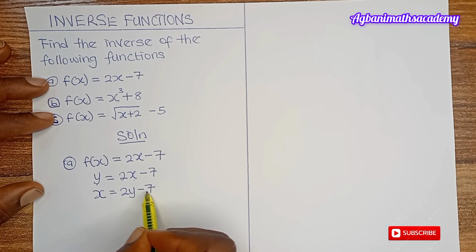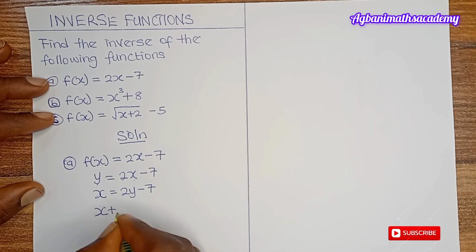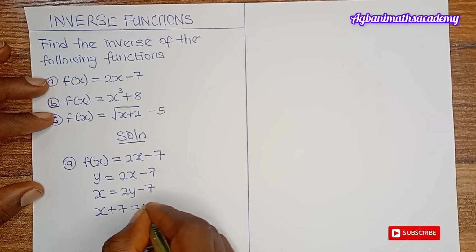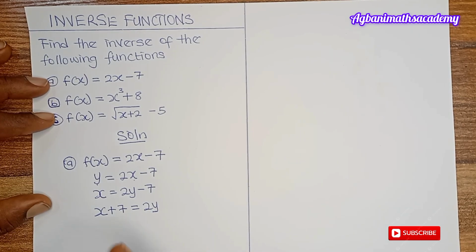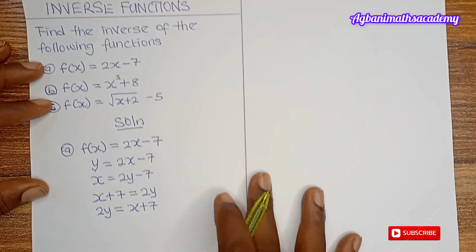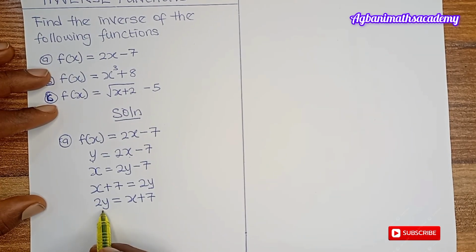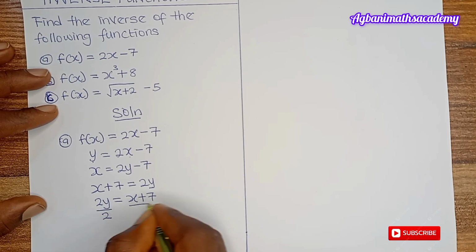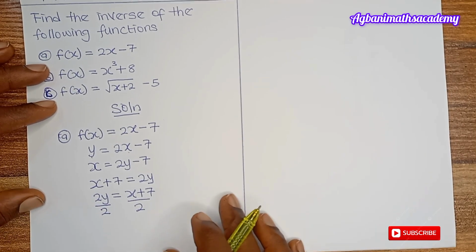So this will be x is equal to 2y minus 7. Next, we move minus 7 to where x is, and when it crosses over the equal to sign it changes to plus, so we have x plus 7 is equal to 2y. Mirroring this equation, we can still write it as 2y is equal to x plus 7. So, in order to get y, we simply divide both sides by 2.